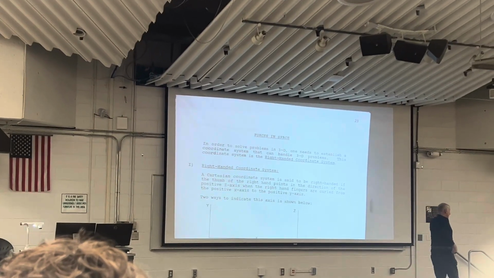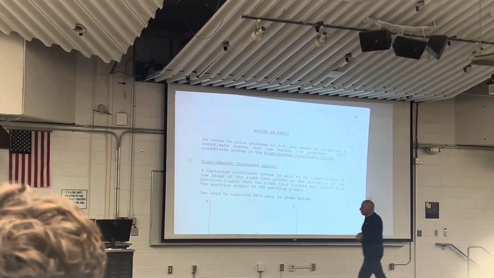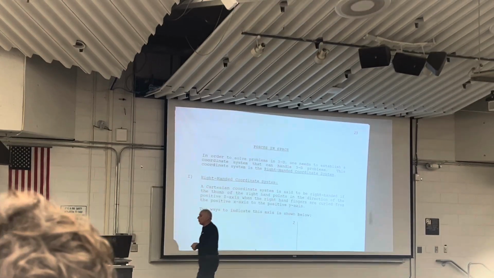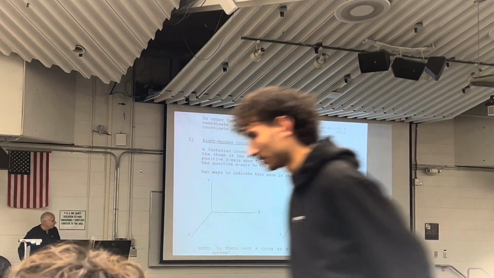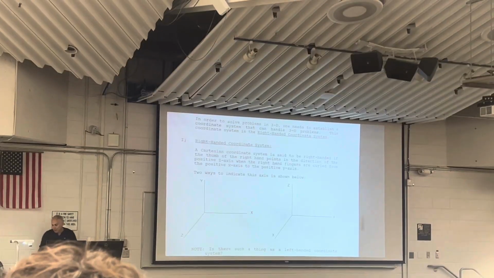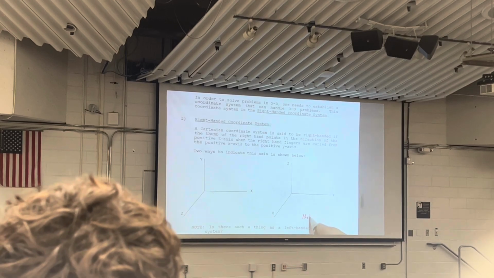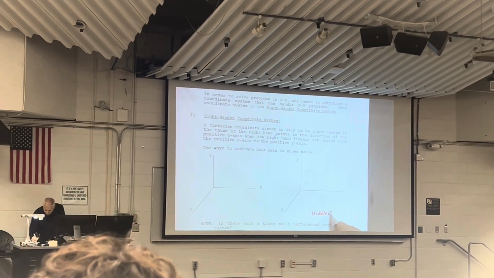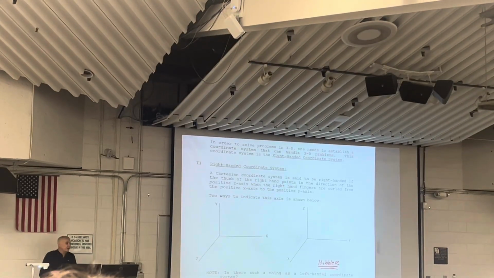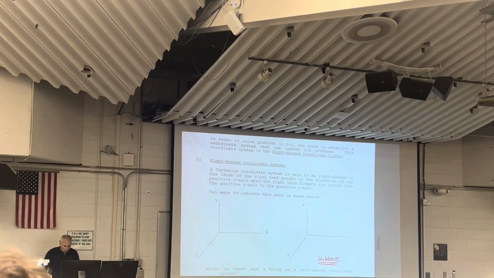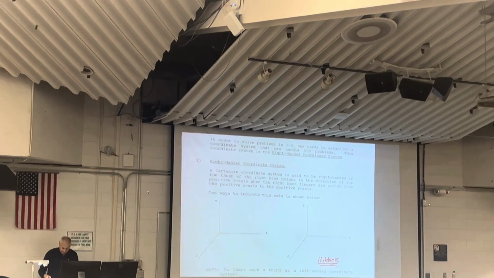Right-handed coordinate system. Well, what is a right-handed coordinate system? I'm going to show you two coordinate systems and they're both right-handed. Here they are right here. The one over here is the one used by Hibbeler all the time. If I look at any 3D problem, you'll see that coordinate system being used. It doesn't matter what chapter we're in.